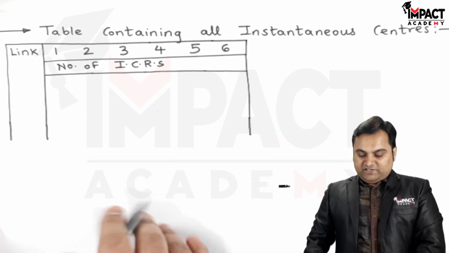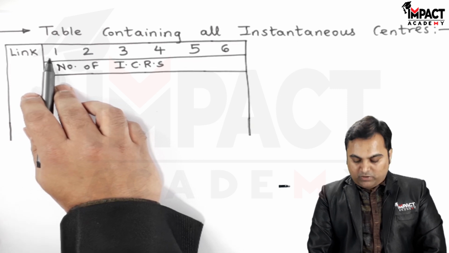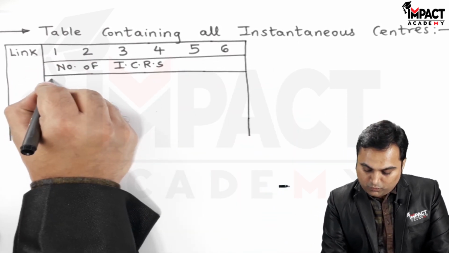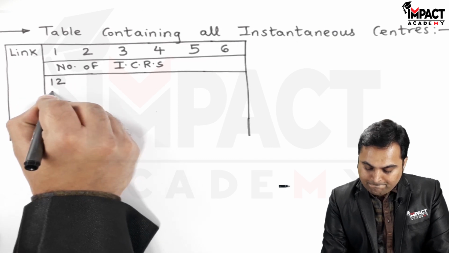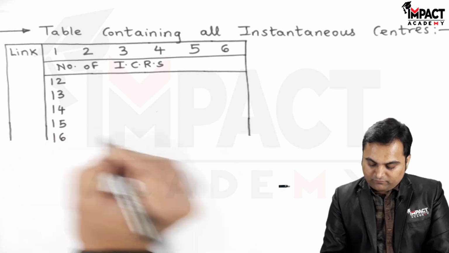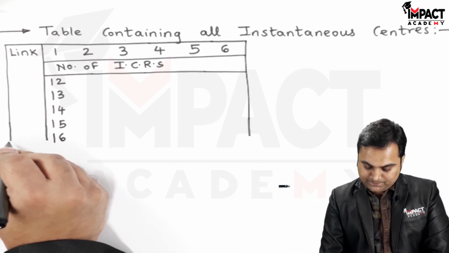Now for the number of ICRs, starting with link number 1, connected with all the forward links, that is 1, 2, 1, 3, 1, 4, 1, 5 and 1, 6.